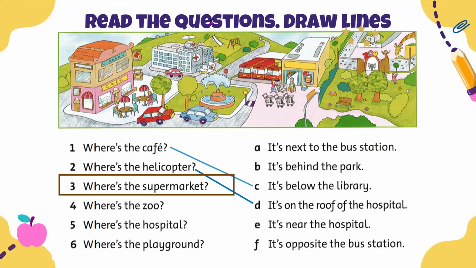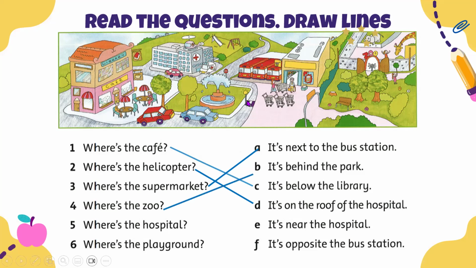Now, where's the supermarket? The supermarket is next to the bus station. Wow, that's correct. Where's the zoo? The zoo is behind the park. Wow, very good.